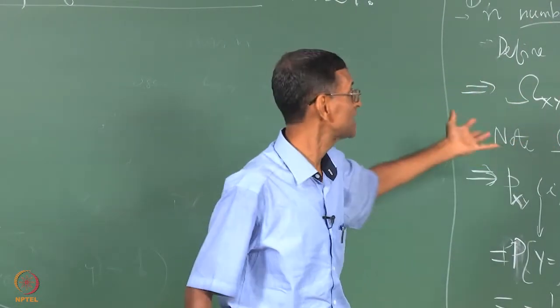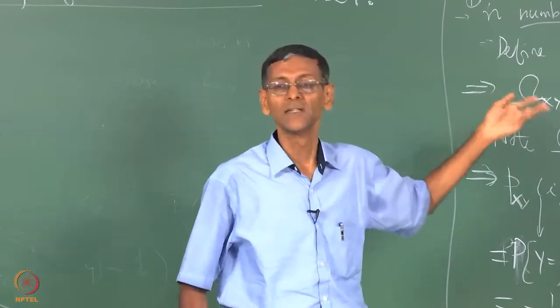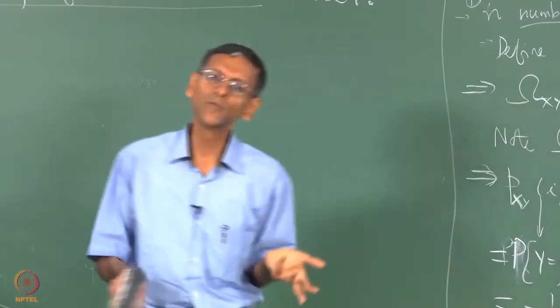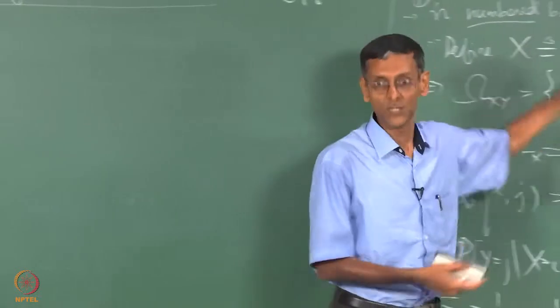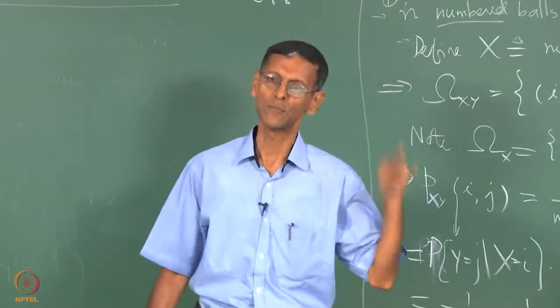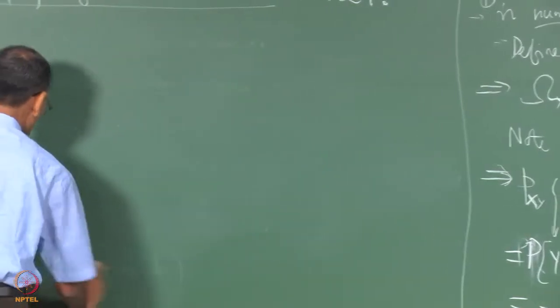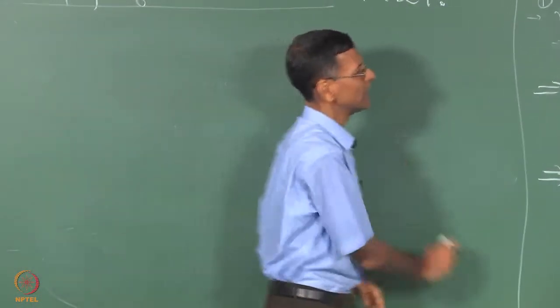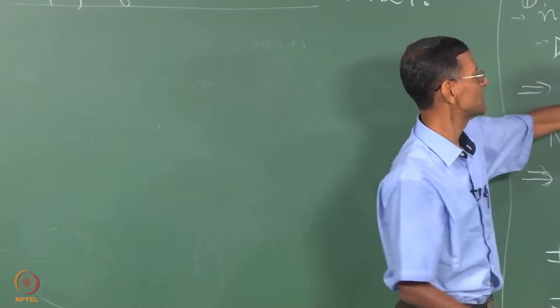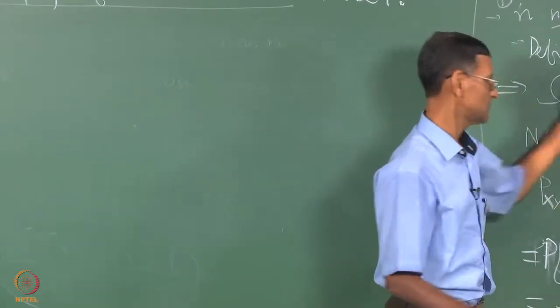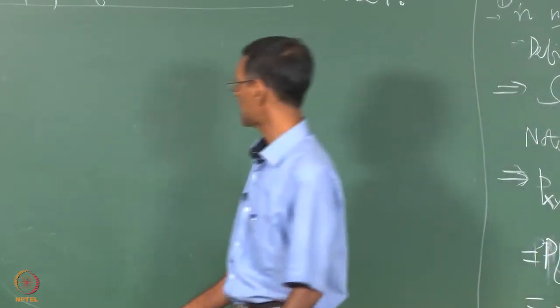For example, if I say x is the square root of the first ball and y is the third power of the second ball, you can obtain that by transformation. All this we will study formally a little later, but for right now let me take the simplest possible definition, which is this, and work it out only for that, which I have done here.